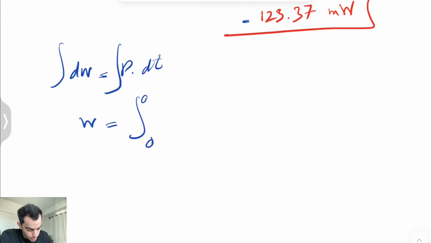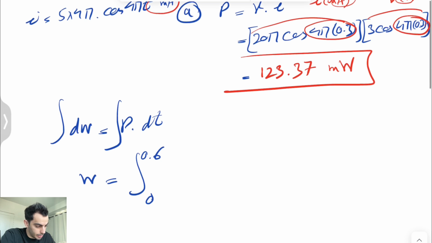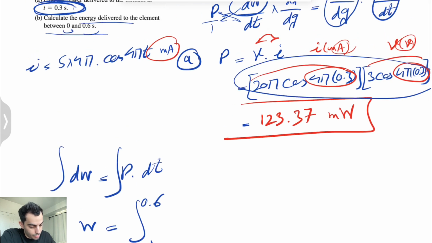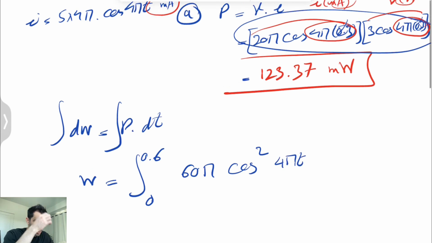And the P that we're going to have is basically the multiplication of these two, where we just have to put t instead of 0.3. So it's going to be 60 pi, 20 pi times 3, and we're going to have cosine squared of 4 pi t, because we have two cosines. And this is going to be our dt.